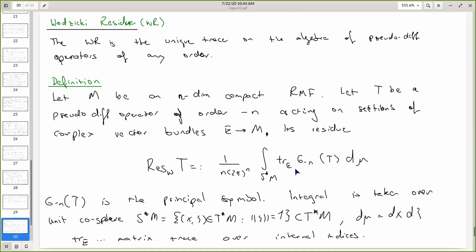Its residue then is defined, so maybe forget this 1 over n, that's not important, as the internal trace, so trace with respect to internal indices of sigma minus n of T d mu, where sigma is the principal symbol and the integral is taken over the unit cosphere that is defined as x and psi being elements of the cotangent space of the manifold, with psi norm being equal to 1, and this is a subspace of the cotangent space of this manifold, and the measure is just dx and d psi.